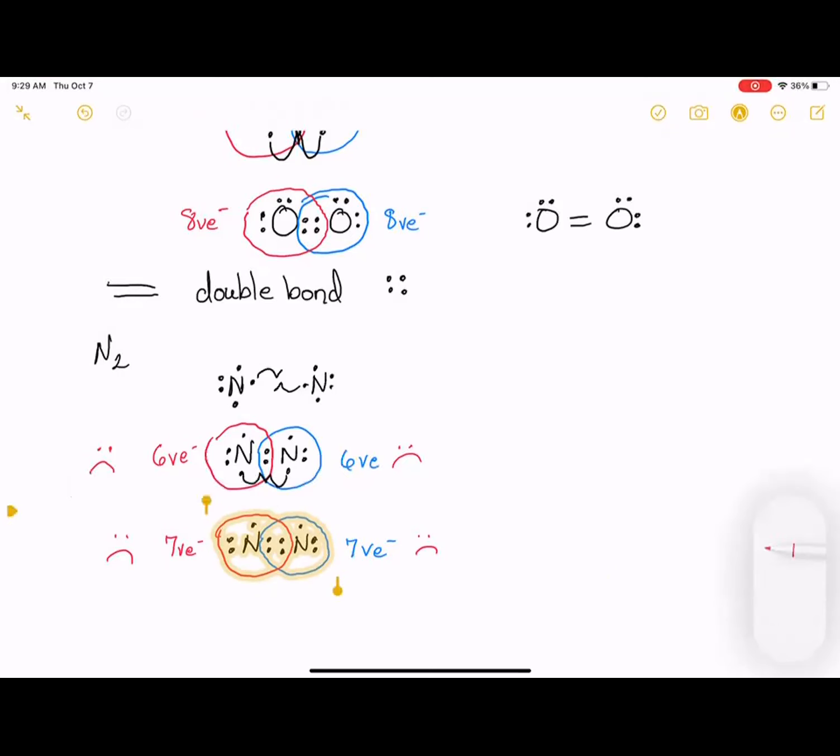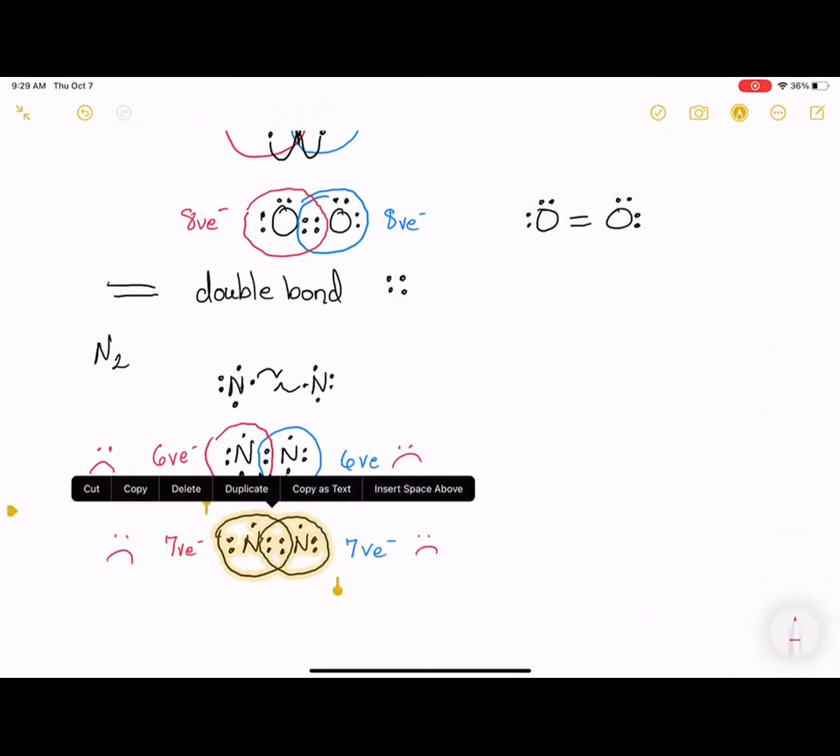So our nitrogen is going to share, maybe. Our nitrogen is going to share one more pair of electrons.